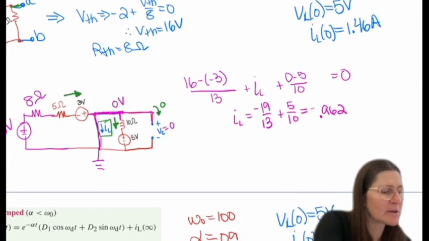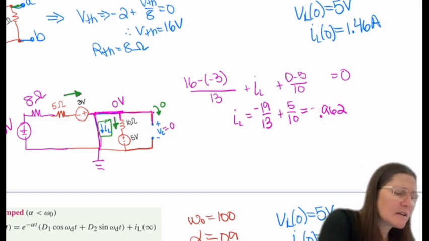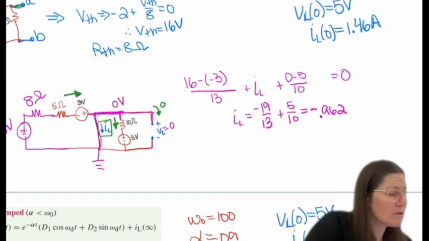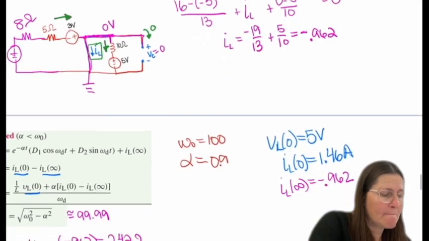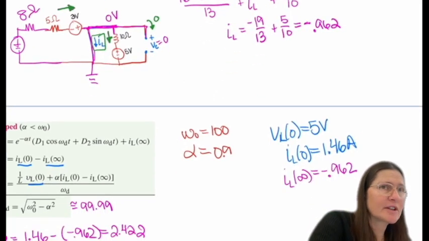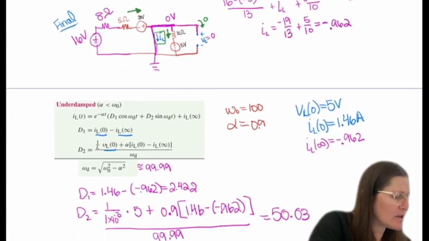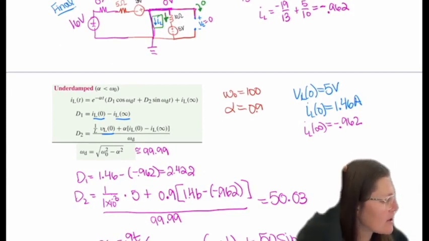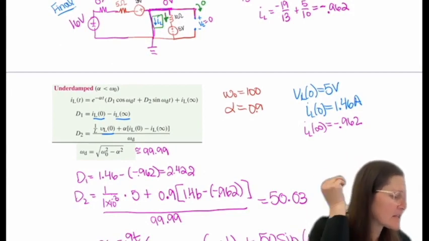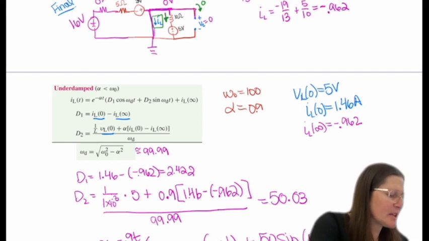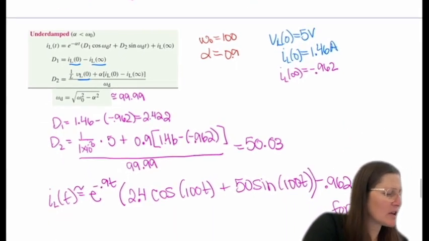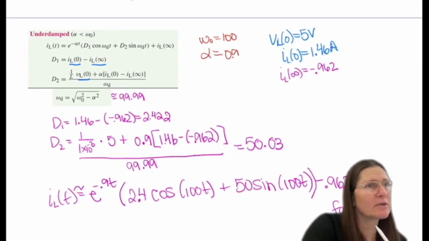So IL ends up being minus 0.62, and that's my infinity value. And then I use omega naught and alpha to get omega d. And then this becomes D1, D2. And I plug that into the equation to get the full answer.